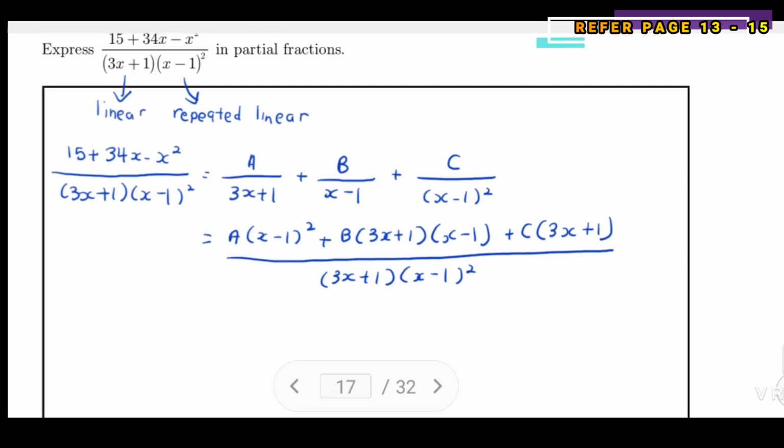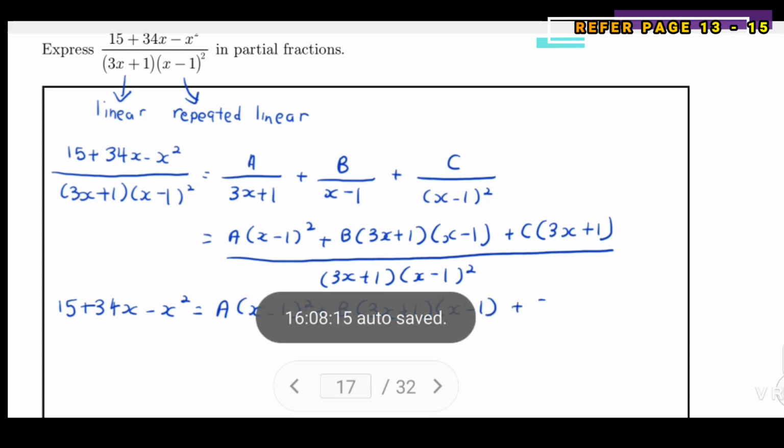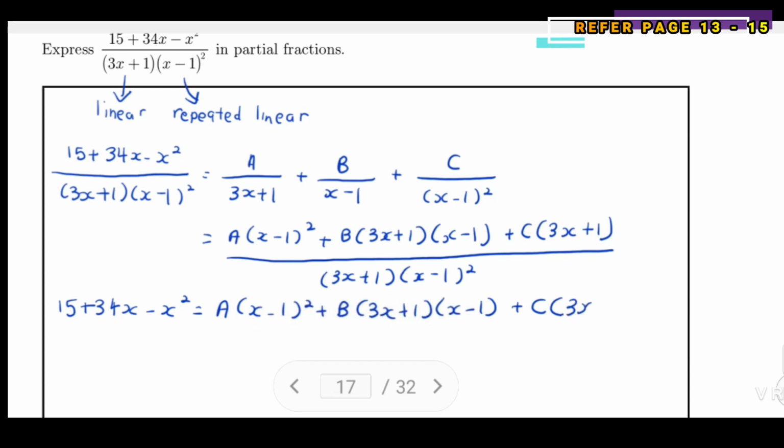Next, we have to compare the numerator. So we're going to have 15 + 34x - x² equal to a(x - 1)² + b(3x + 1)(x - 1) + c(3x + 1).